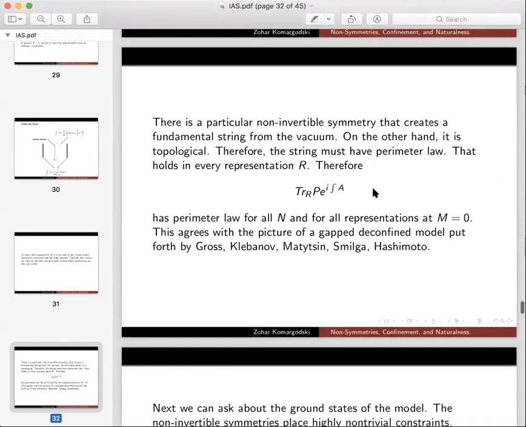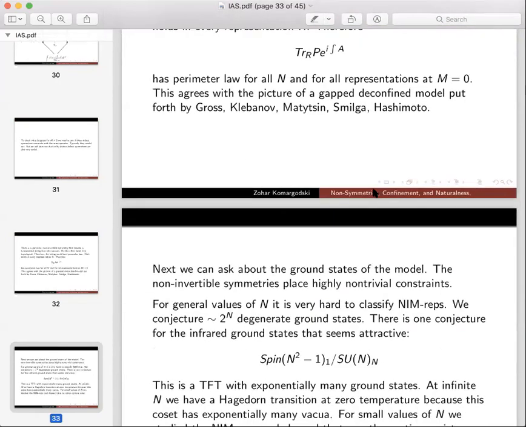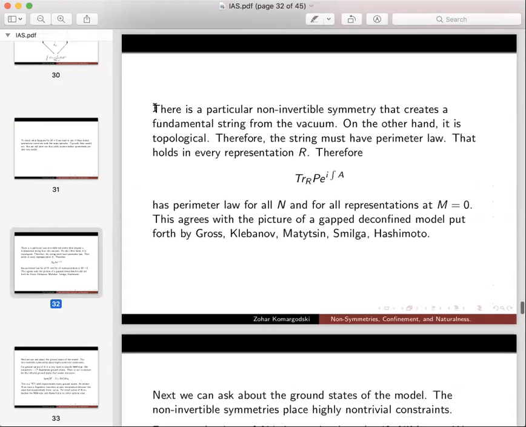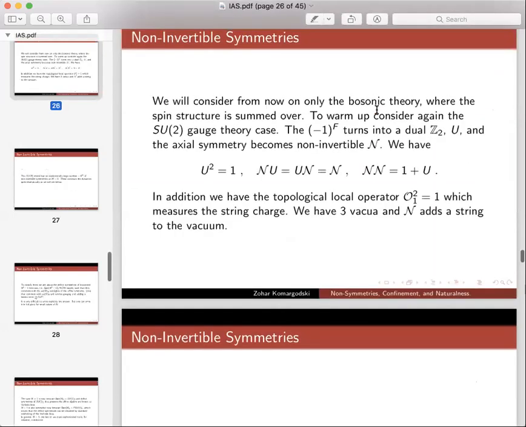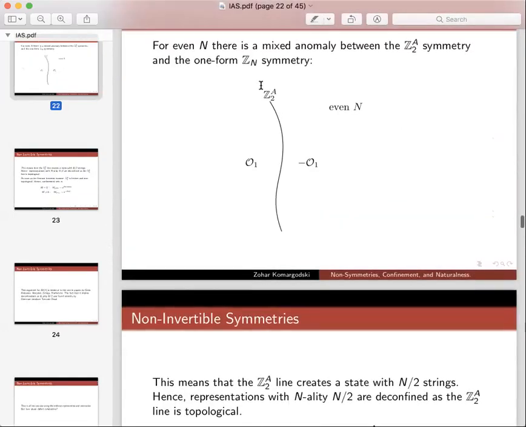Okay, so now let me get to the main claims that you can derive. I'll stop after each one of them to ask if there are any questions. First, you can ask about confinement of the fundamental representation. Remember that we could not make a statement about it using ordinary symmetries. It turns out that there is a non-invertible symmetry which creates one string, and this symmetry is topological in the massless theory. So basically what you find is something very similar to the story before.